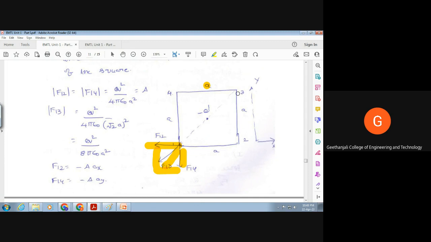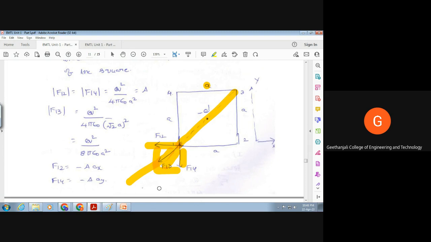F13 is the force on Q placed at corner 1 by the charge placed at corner 3. So this is the direction of F13. The direction of F13 and the resultant of F12 and F14 both will be in the diagonal direction. So ultimately the charge placed at corner 1 experiences a force in the diagonal direction.